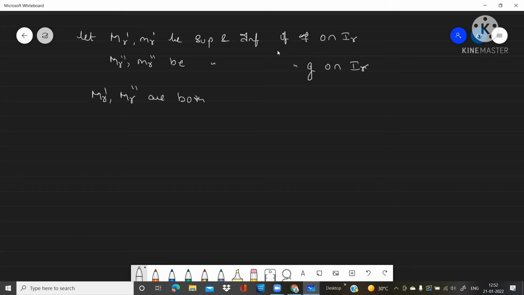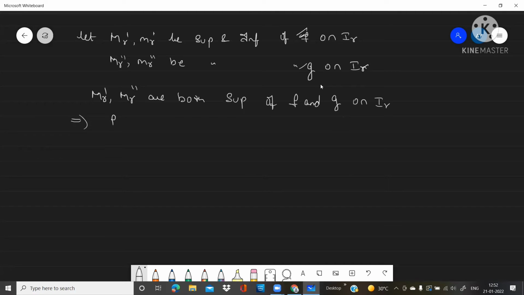Those both are supremums of f and of g on IR. MR dash and capital MR double dash are both supremums of f and g on IR. Now we'll talk about the functions f and g.